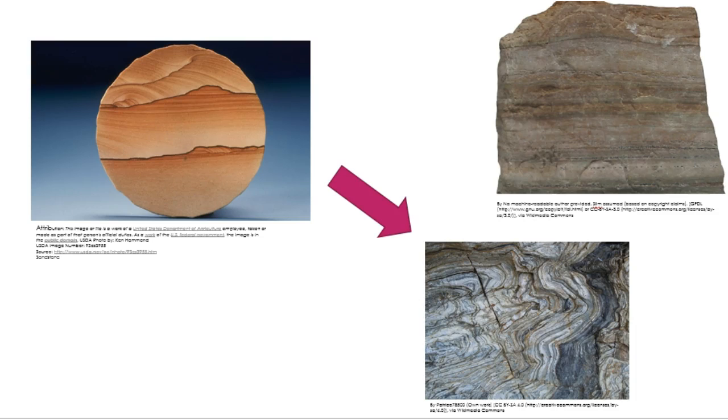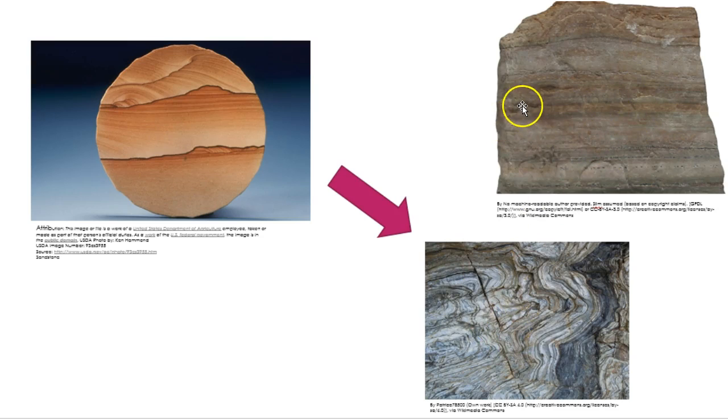Now lastly, I have sandstone, because this is a beautiful stone that we have around the place, a lot of it in Australia. And this is what sandstone looks like. Well, if you put sandstone under heat and pressure, it turns into quartzite, because sand is made out of quartz crystals. We have cooked sandstone becoming quartzite.